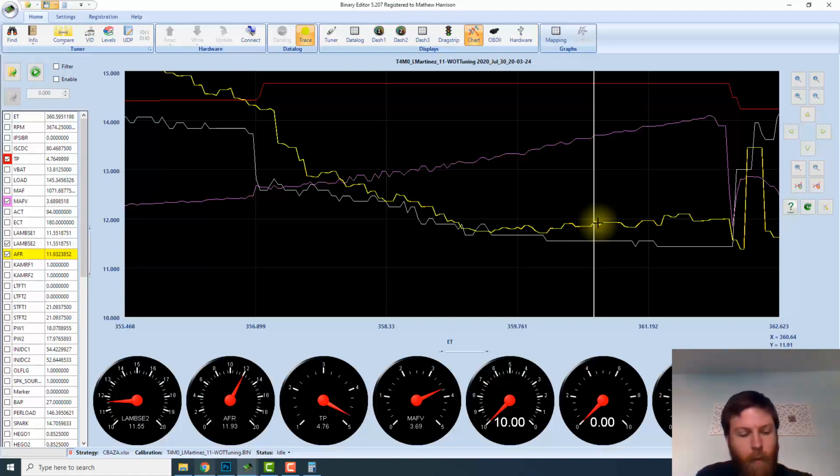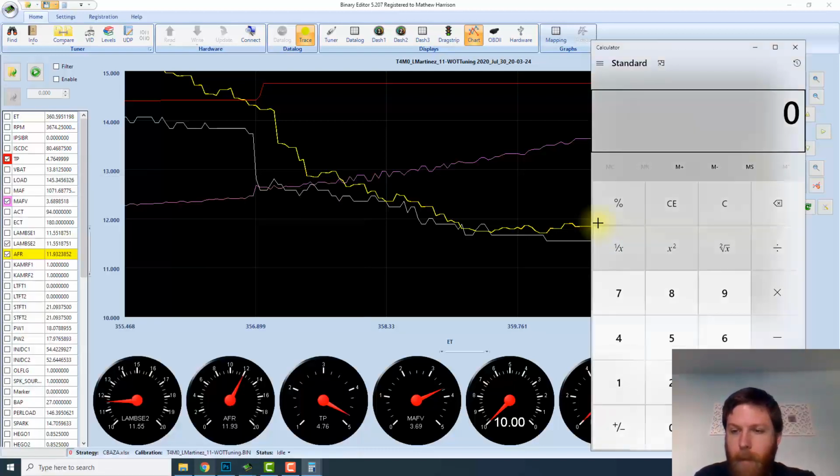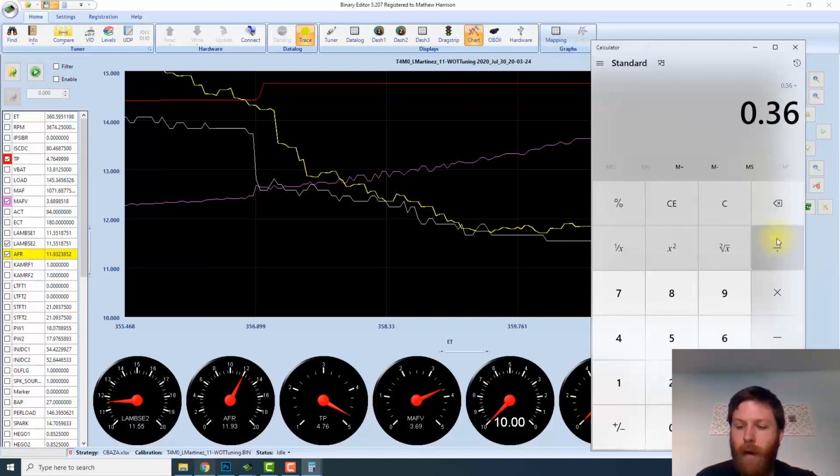So I'm going to run the same calculation here. We'll do 11.91, which is what we had, minus 11.55, which is what we were commanding. We're off by that much. Now divide that by what we were commanding, 11.55. We have a 3.1% error rate.